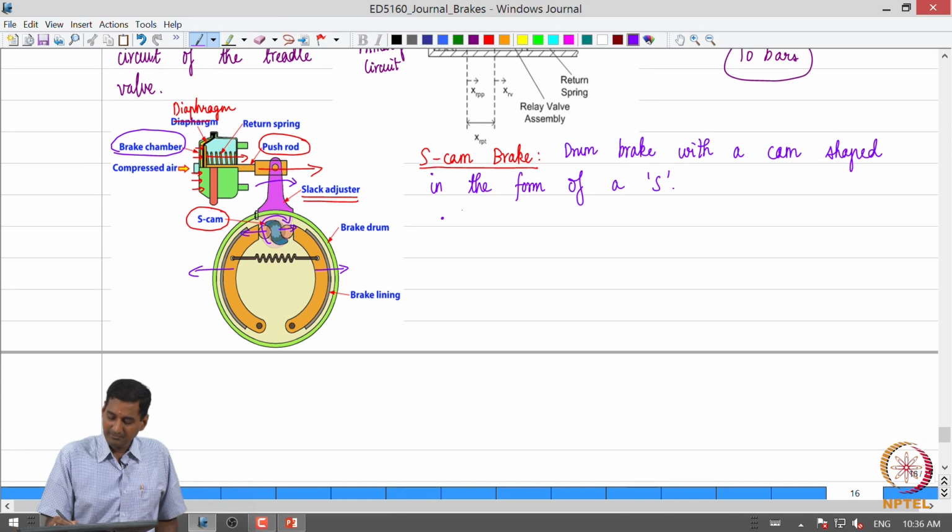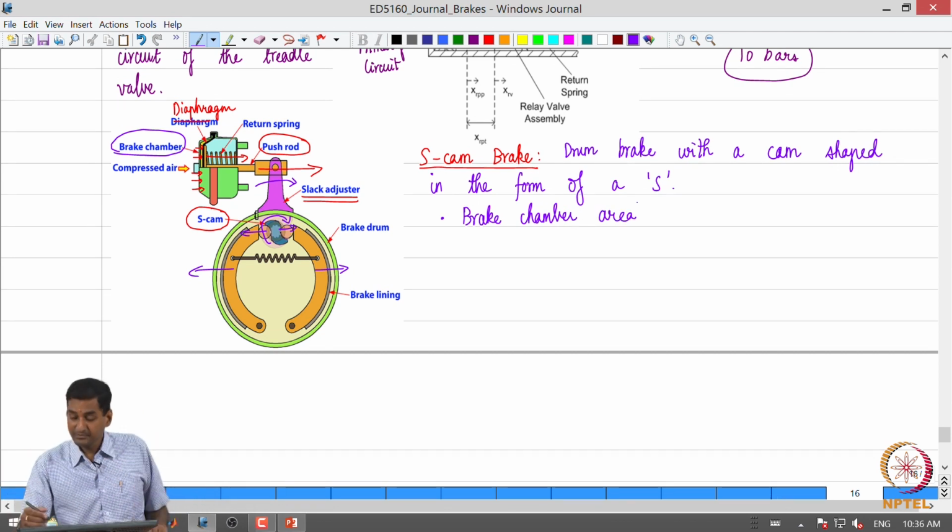So, important parameters are, in order, I will just write. Brake chamber area, these are all important design parameters that allow us to regulate what is the magnification obtained, right.